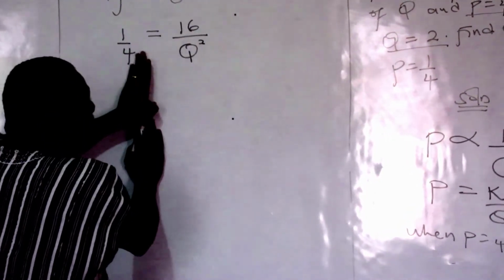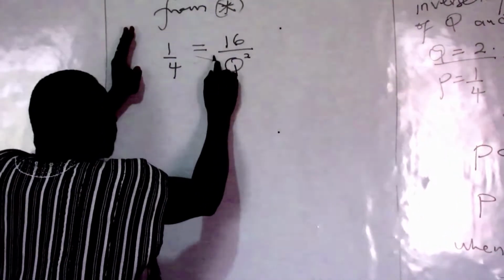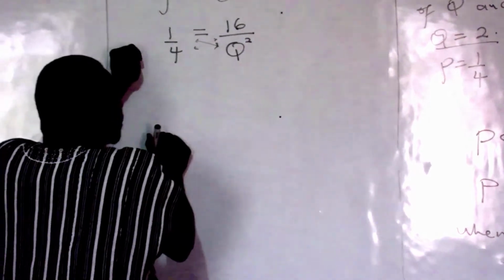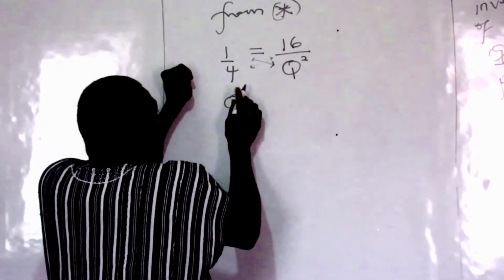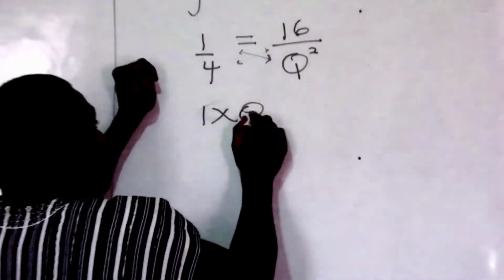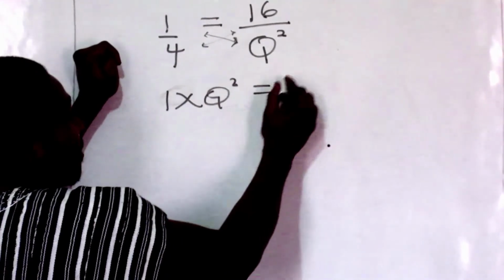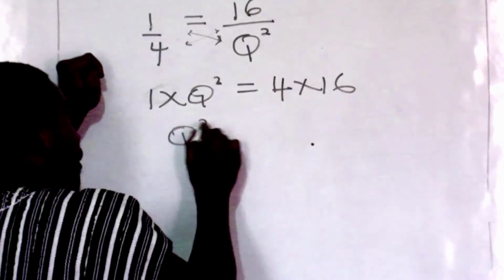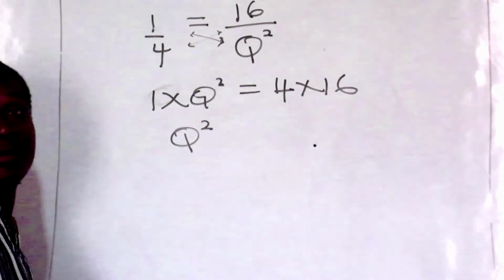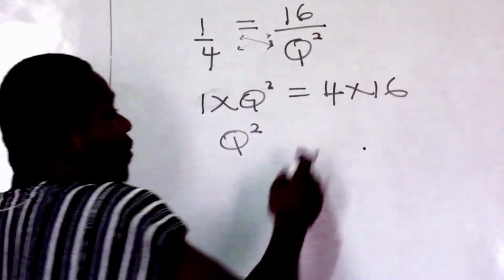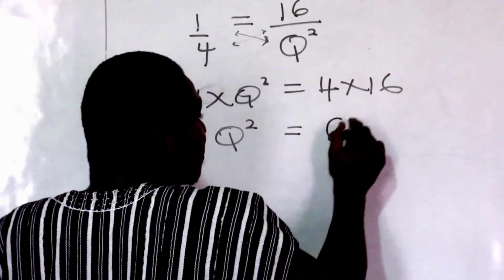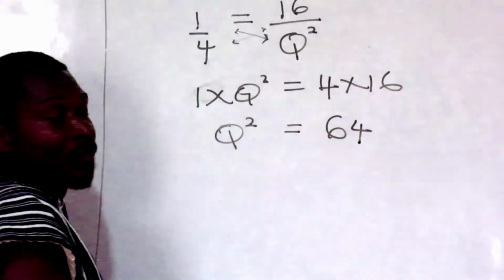When you have an equal sign between two fractions, don't forget to cross multiply. That is very easy to deal with. So that is 1 times q squared equals 4 times 16. Now that is q squared, or 1 q squared, it's the same thing. Now what is 4 times 16? You get 64.